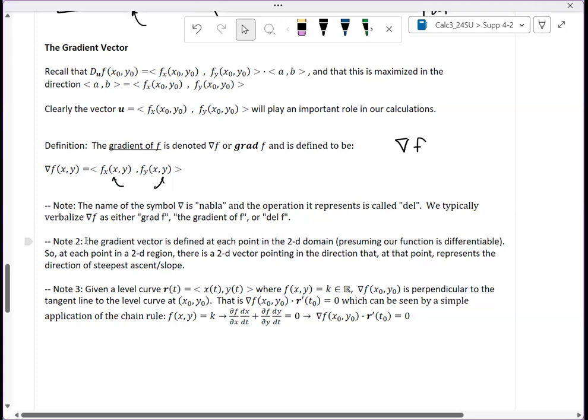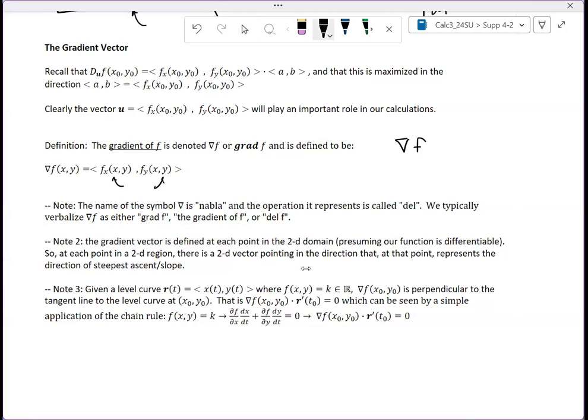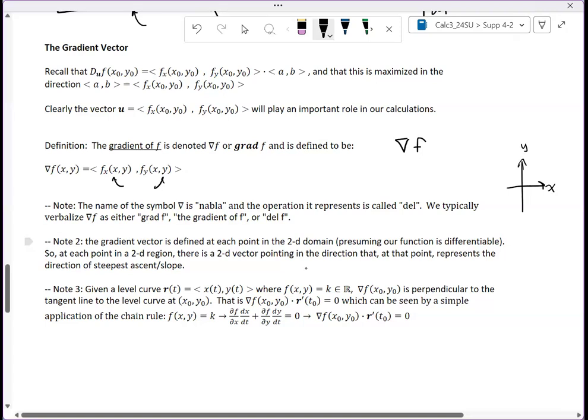Okay, second note, the gradient vector is defined at each point in the 2D domain. So again, assuming our function is differentiable and all of that, keep in mind that in xy, we have a domain for our function f. These are the allowable inputs, right? F is a function of two variables. And at each one of these points, I have a gradient vector.